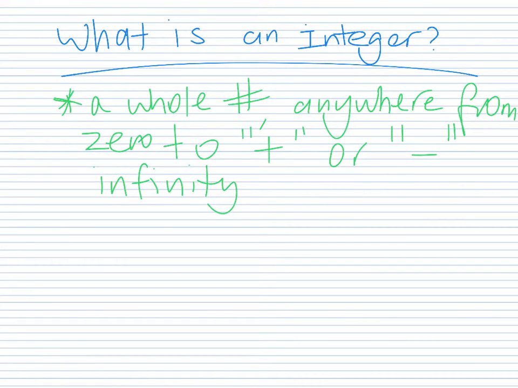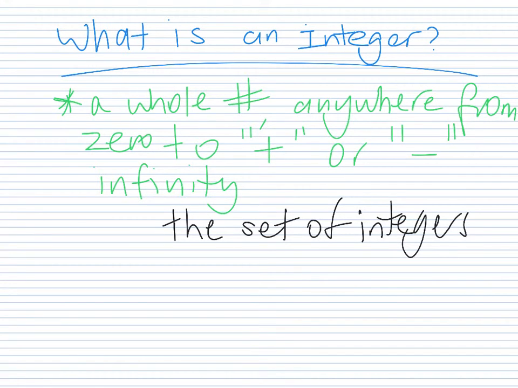So what this looks like is, the set of integers could look something like this, on a number line. Let me try a different colour.